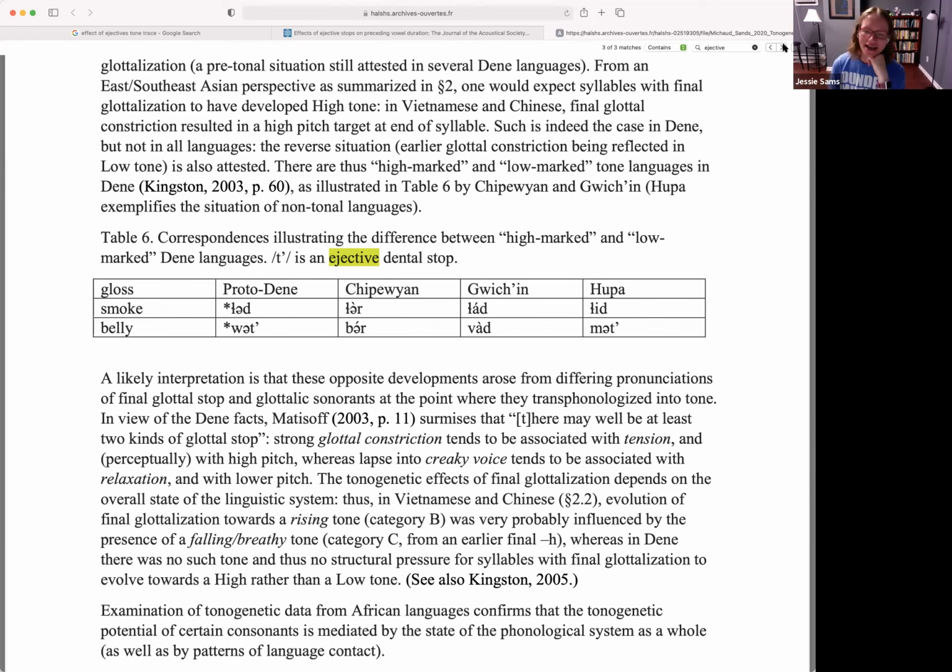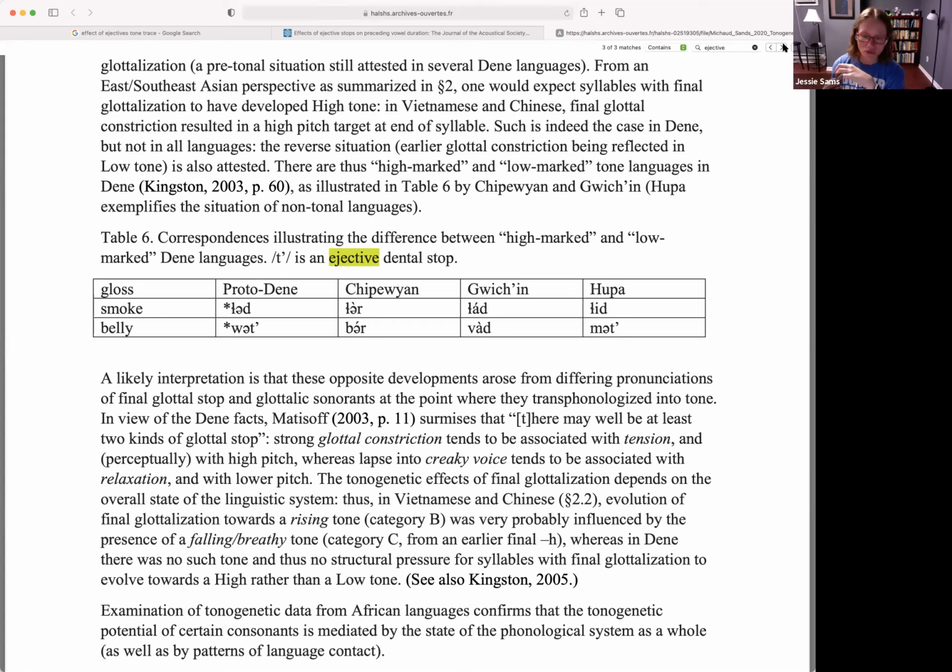And so, yeah, that is interesting though. In the article, it suggests that lapse into creaky voice for that kind of glottal stop tends to be associated with relaxation and thus lower pitch.